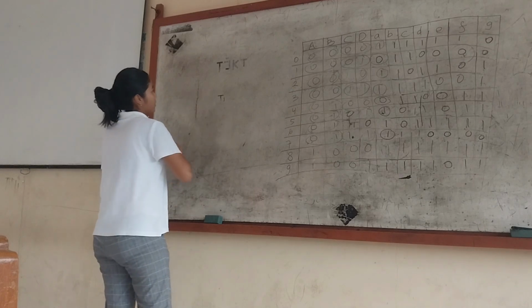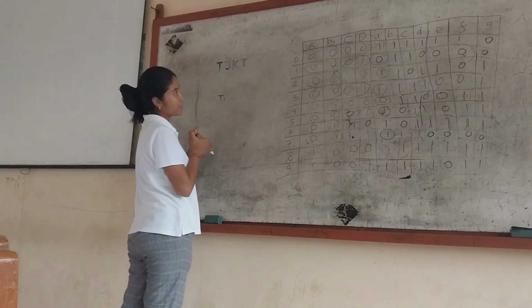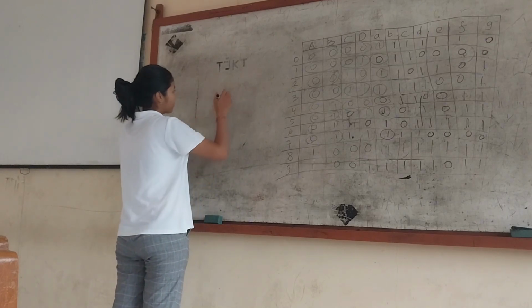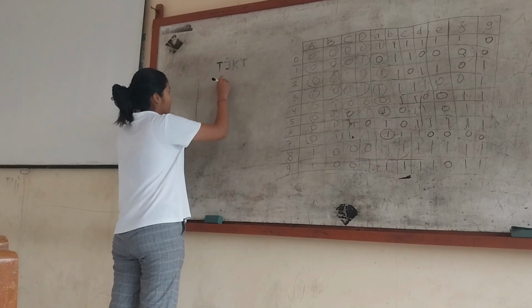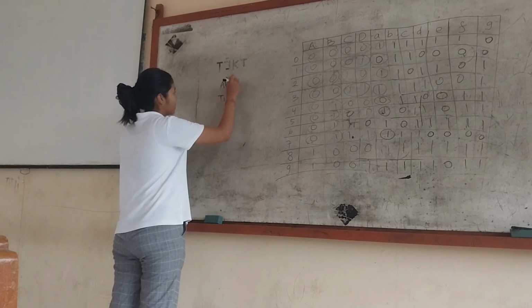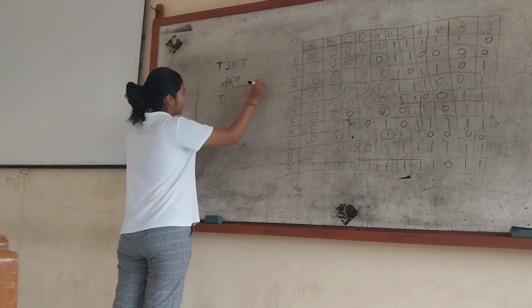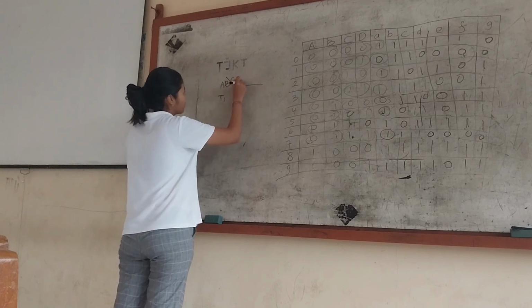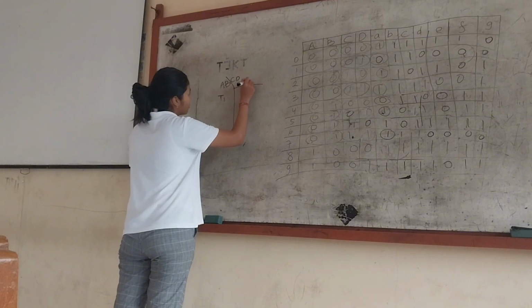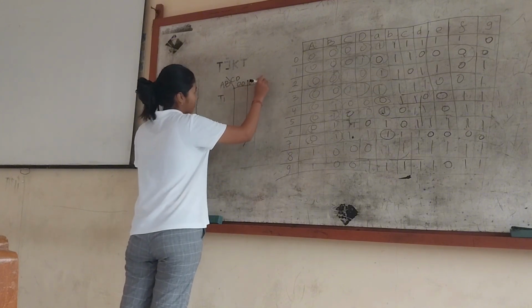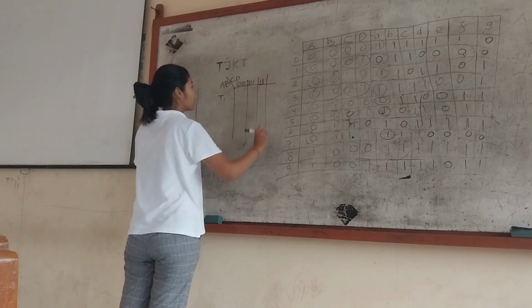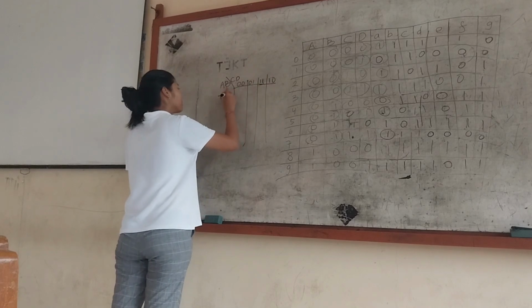In B, same like A, we make 4 rows and 4 columns. This is 0, 0, 0, 1, 1, 1, and this is 0, 0.